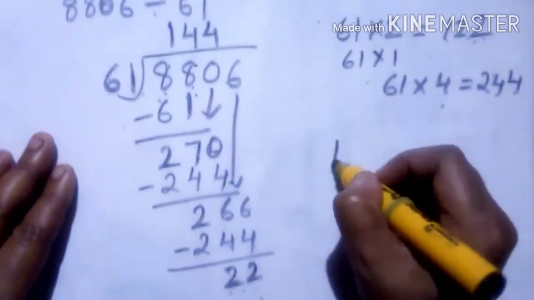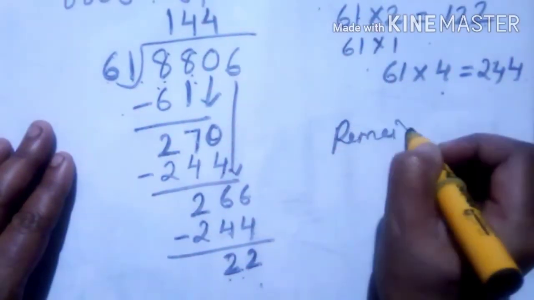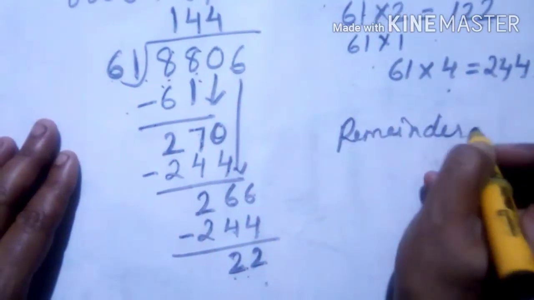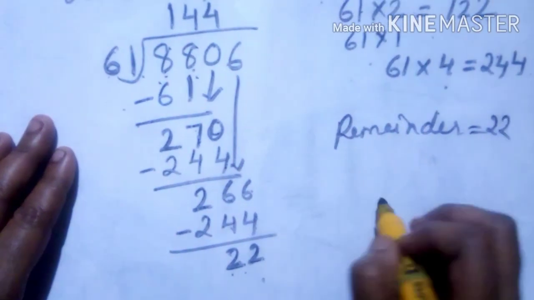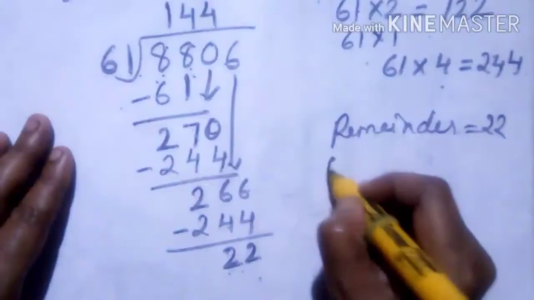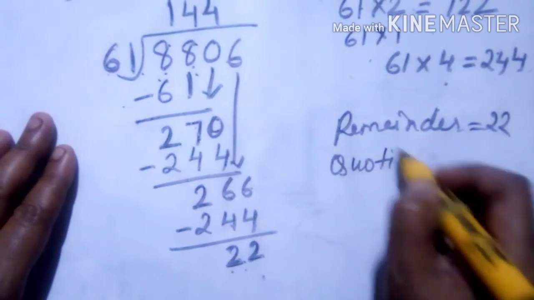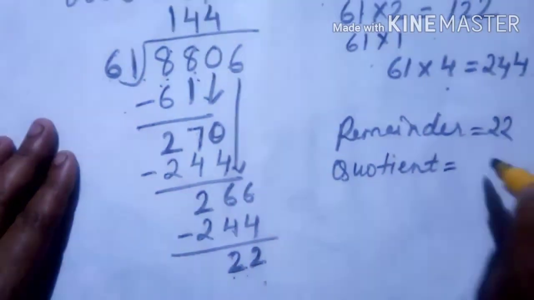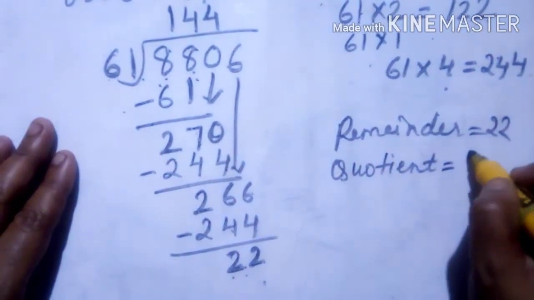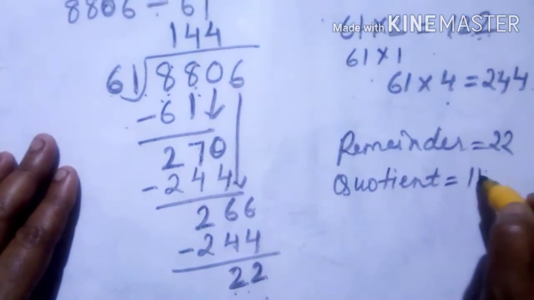You got remainder 22, and the quotient is equal to 144.